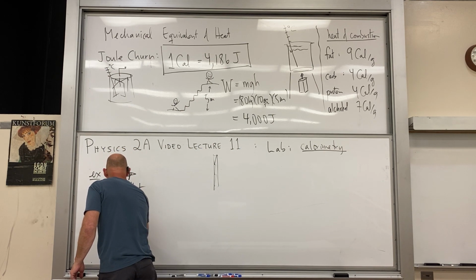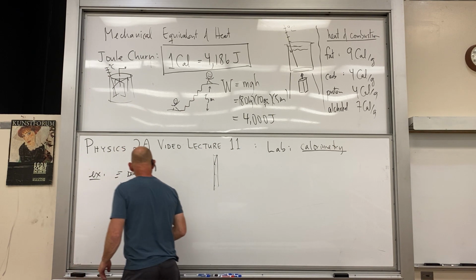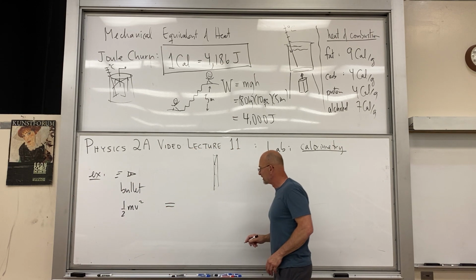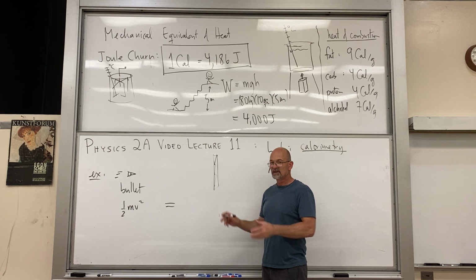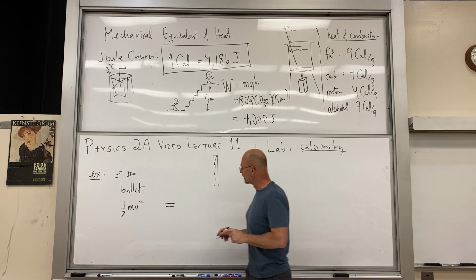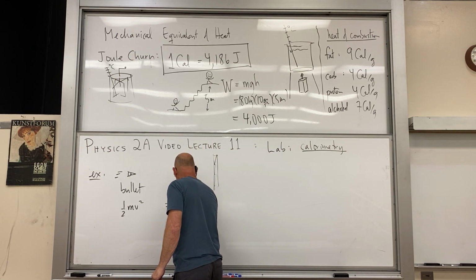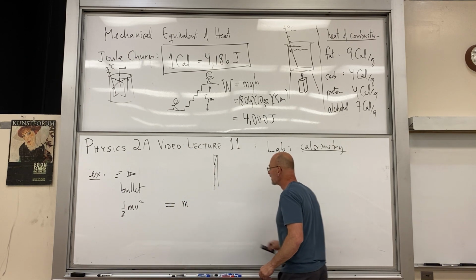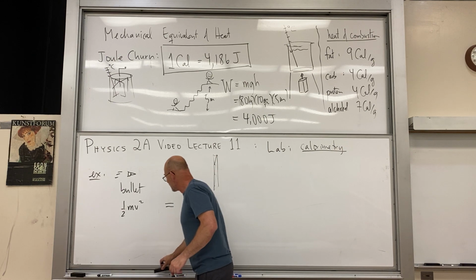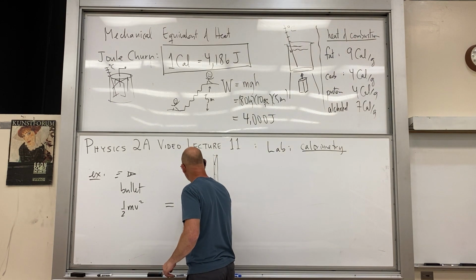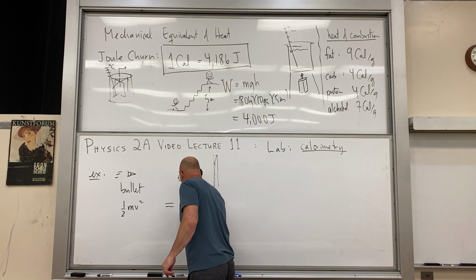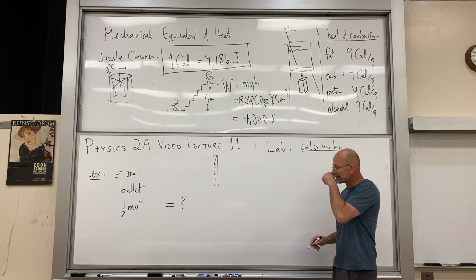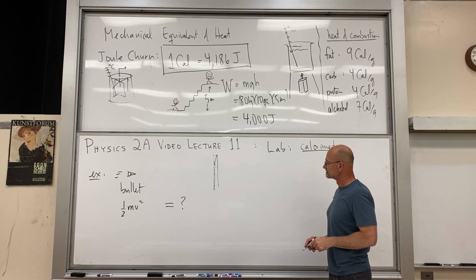It has a half mv squared of kinetic energy, and when it comes to a stop, it's just going to be smushed and it will be warmer. So let's suppose all of that energy was converted into heat. Actually, I have to put a question mark here first. Suppose that all of that energy were converted into heat. So what form would it take? Okay. What form would it take?